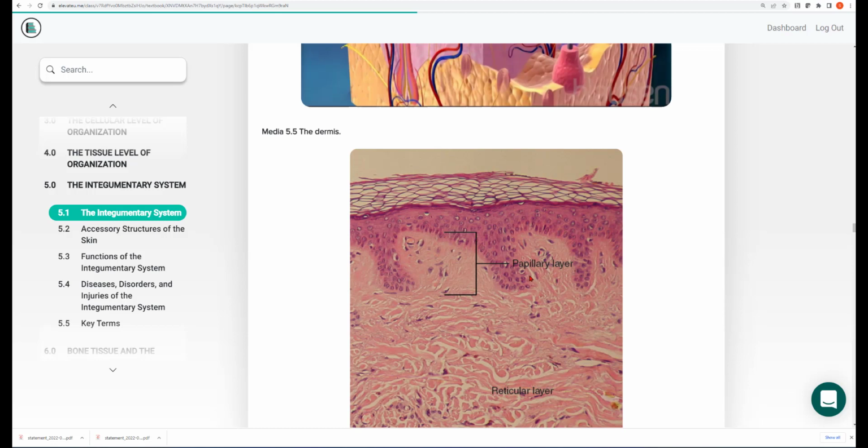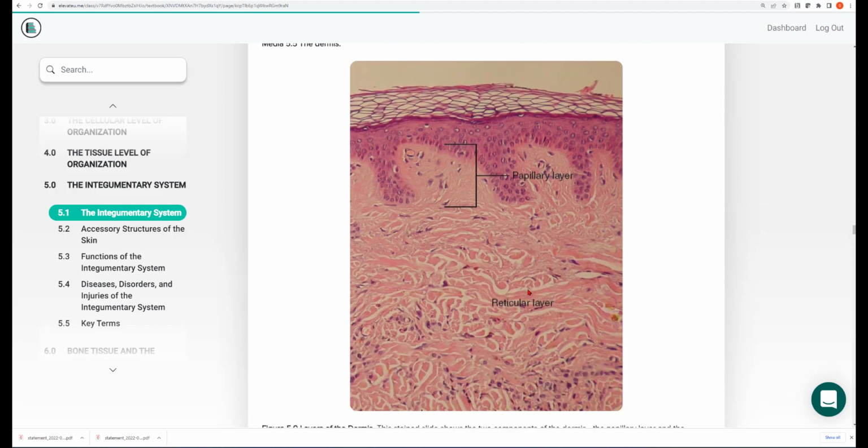And recall, papillary or papilla is a term meaning nipple-shaped. Now that may be a new term for you. We're going to see lots of papillary structures in this course, but papillary means nipple-shaped. So we see these interdigitated nipple-shaped projections from the epidermis down into the dermis.